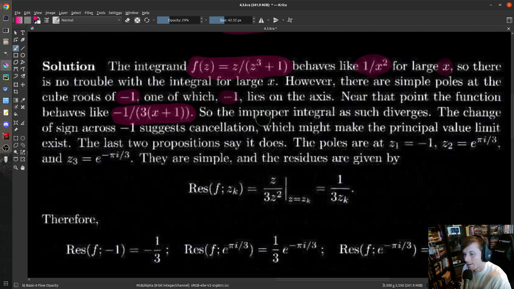It diverges. Does everyone see why? Just do the asymptotics from regular old college algebra, and think about what the function x divided by x cubed plus 1 does near minus 1.